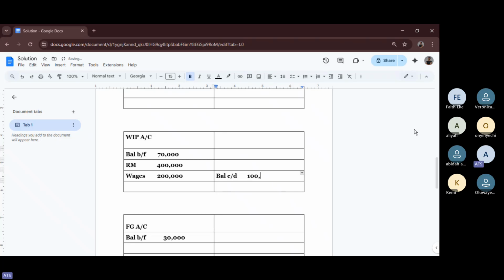If you add up everything here, what does it give you? 670,000. So everything you received during the year plus what you had at the beginning was 670, and at the end you still have 100. How much did you transfer to finished goods during the year? 570,000. Exactly, 570,000.